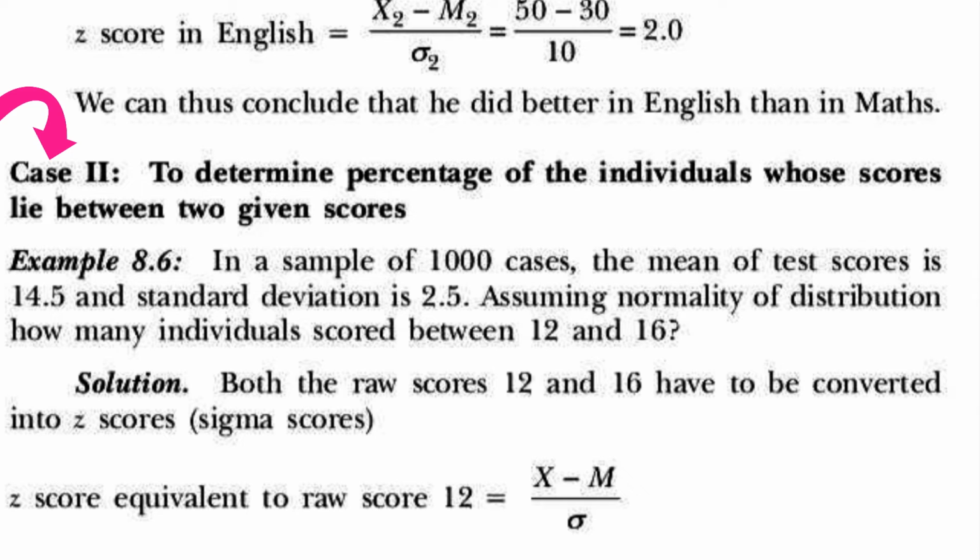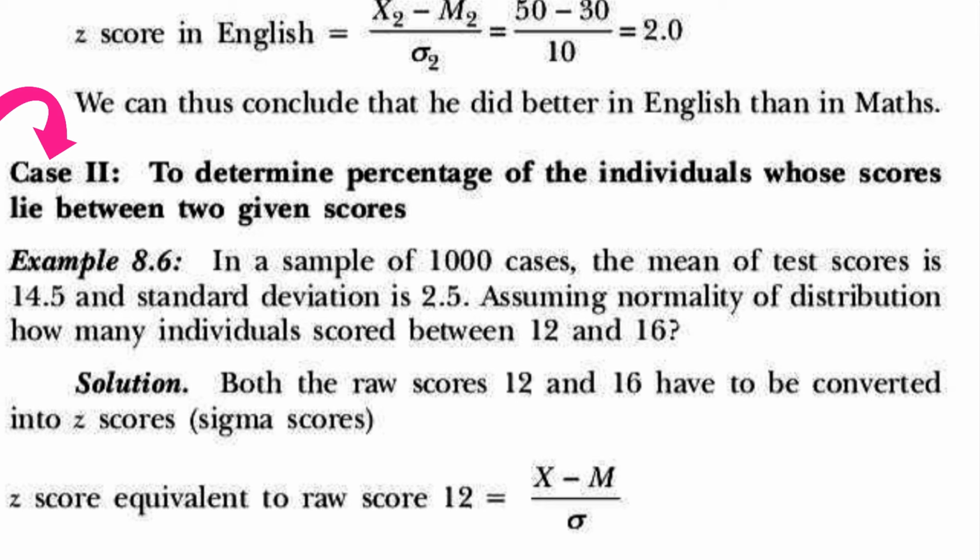By representing the sigma values in the normal curve, we got the picture like this. Now you need to find out the percentage of cases from the normal curve table for 0.6 sigma and again for minus 1 sigma.